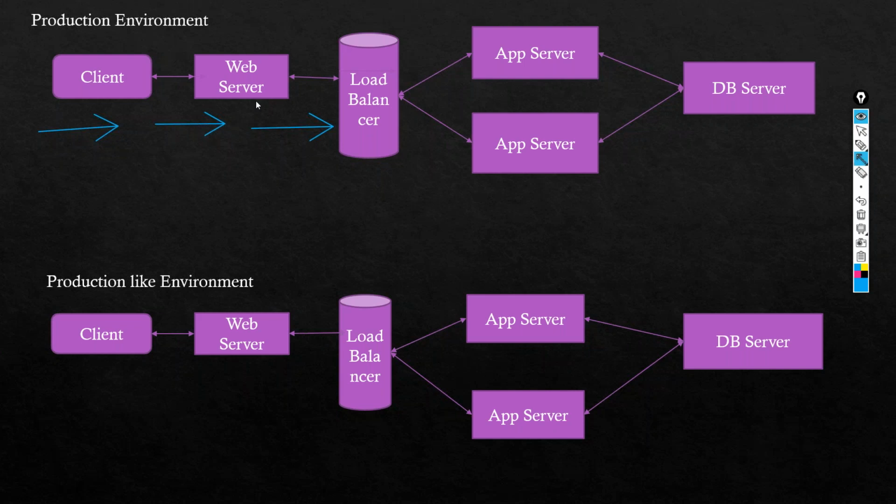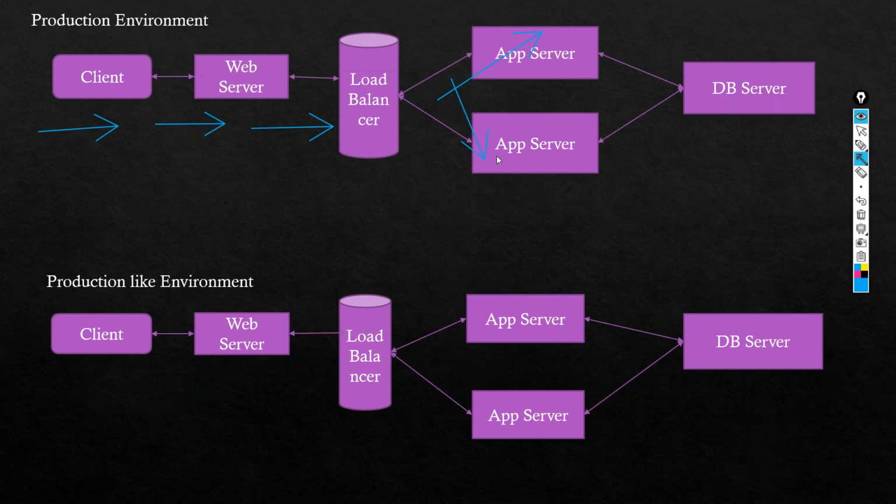And this load balancer, whatever the requests that are coming from client, it will ensure that the load is equally distributed among multiple app servers. For example, if there are 2 application servers and 1000 requests are coming from client, the load balancer will send 500 to this app server and 500 to this app server, so that the load is equally distributed.